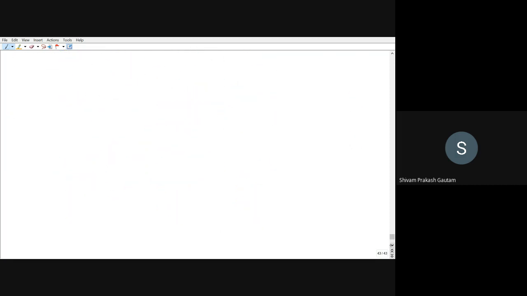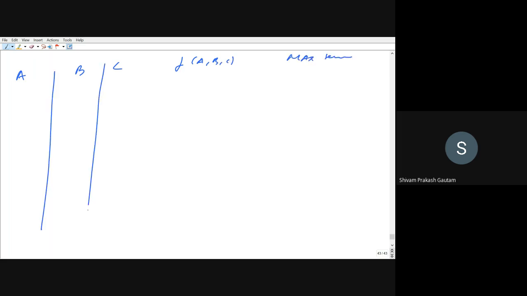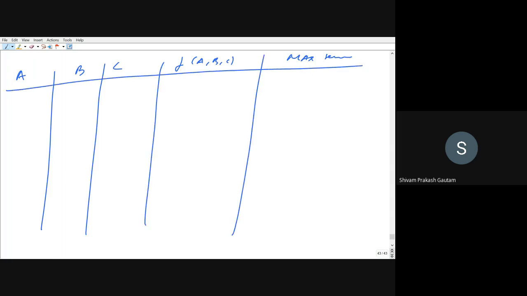So three variables we will see, that is a, b, c, function of a, b, c, and we are having max term. So 0 0 0 in product of sum form, how can we represent? 0 represents uncomplemented form, so that can be represented by a plus b plus c.